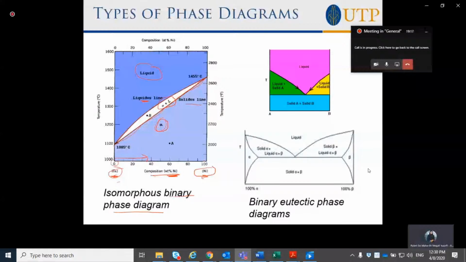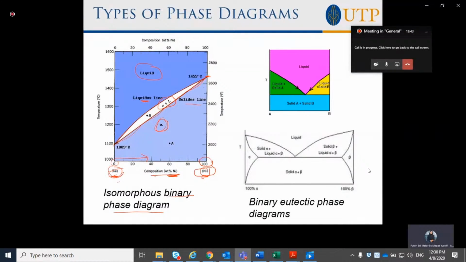Until this point, I have 100% nickel, no more copper. At this point, which marks the boundary between the solid and liquid regions, this is called the melting temperature of pure nickel. Over here it changes from solid to liquid.